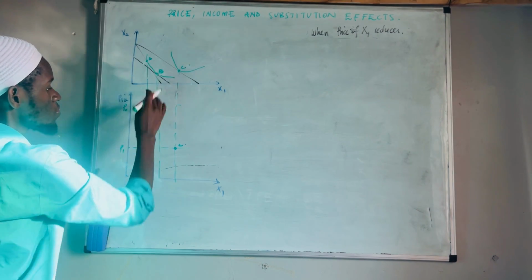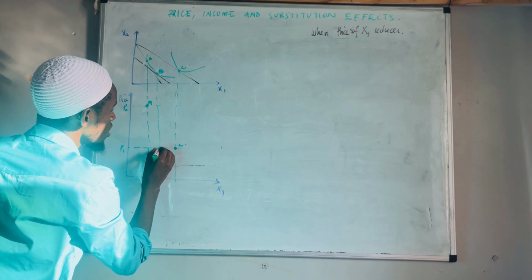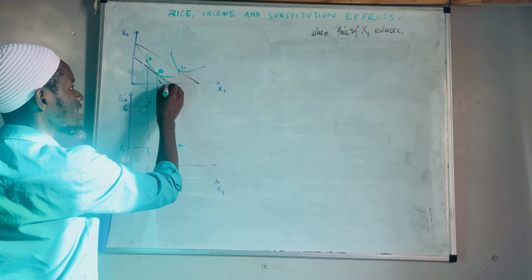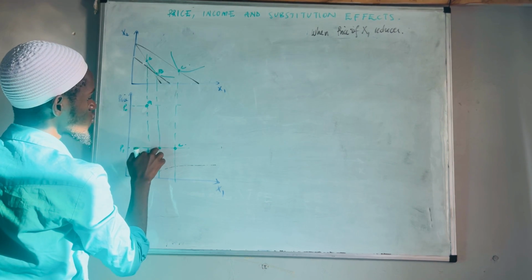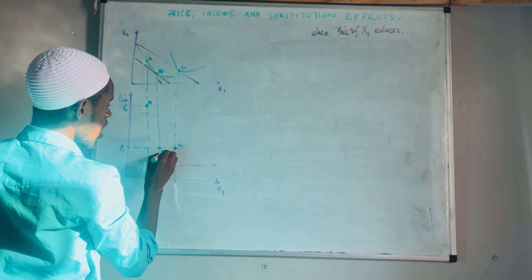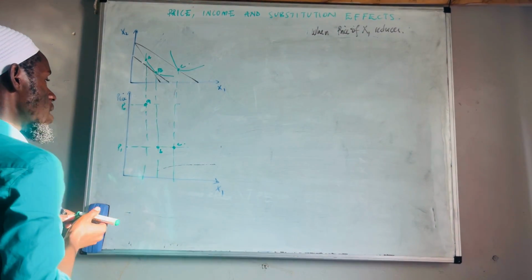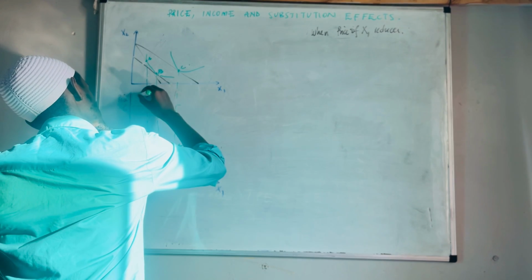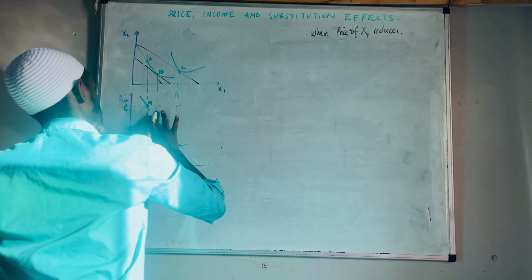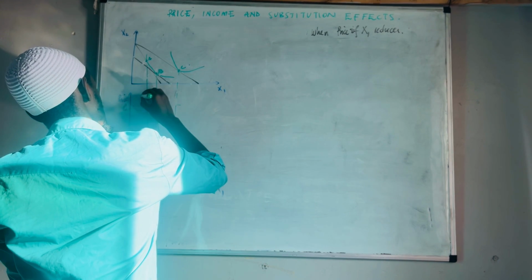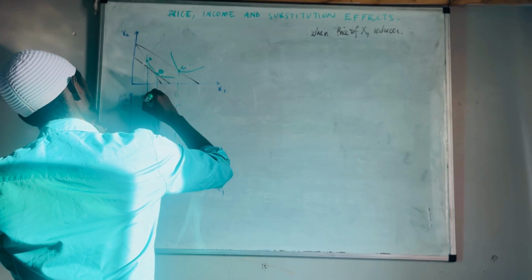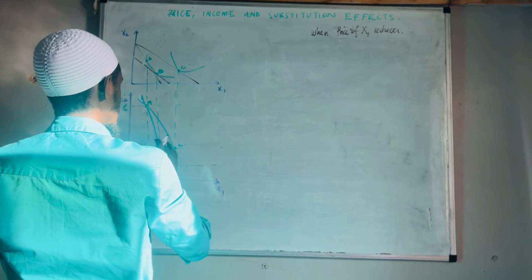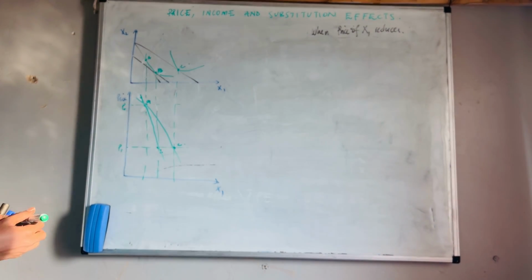Therefore, this point B is on the lower budget line, but as a result of a price increase. Therefore, this also has to be at point B here, where there is a price increase. Now members, if I try to join these points here, I think you are following. These are supposed to be straight lines, but I don't have a ruler.